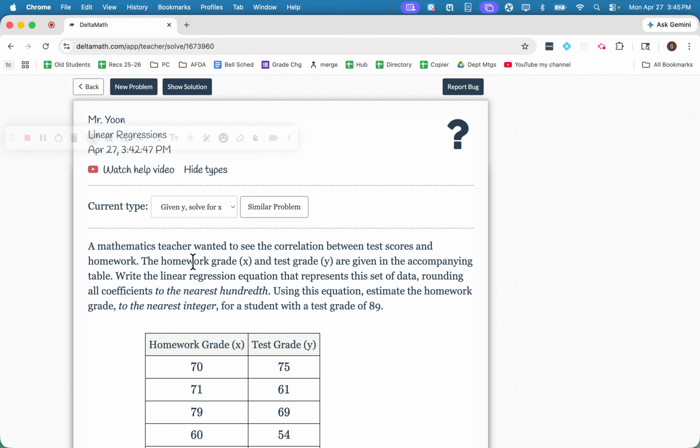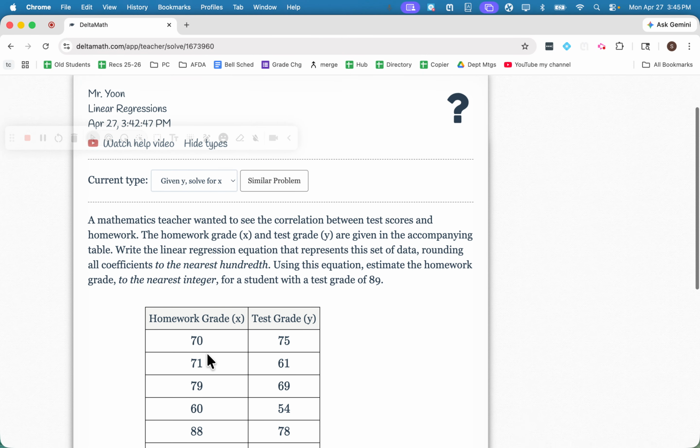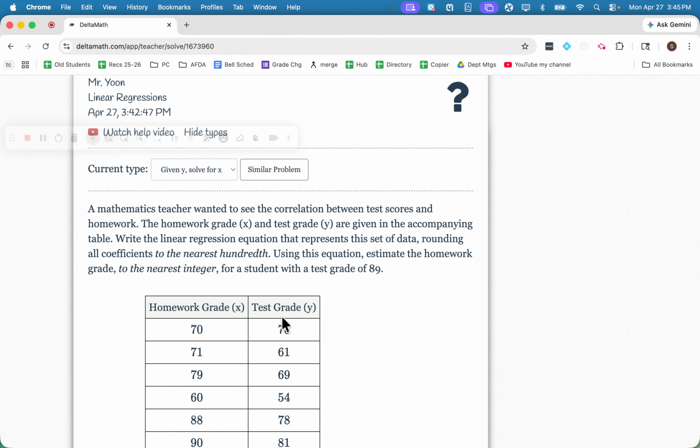Okay, so this is about a math teacher who wants to see the correlation between test scores and homework. So you would think that the higher your homework, the higher the test grade. All right. So write the linear regression equation.